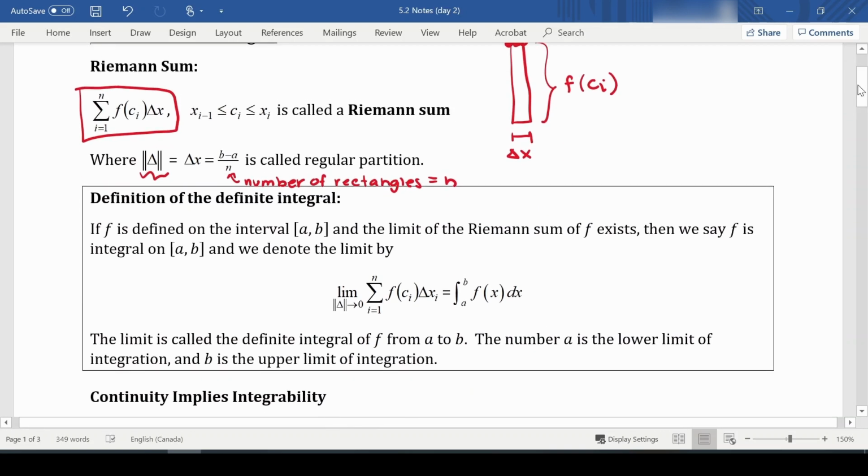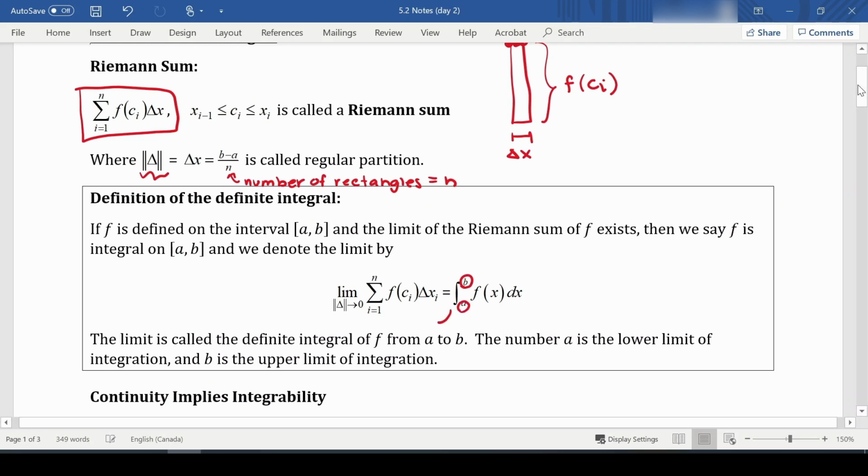So the definition of a definite integral is this idea that as we increase the number of rectangles or decrease the width of those rectangles, we will approach the exact area under our curve. This is defined as a definite integral. We have a lower bound a and an upper bound b.